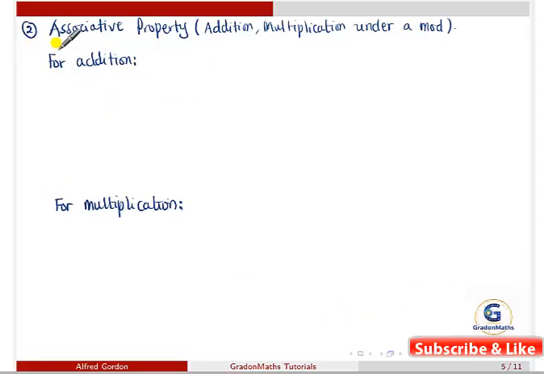Now, the other property we will be discussing here is the associative property. And for the associative property, we have the associative property for addition and for multiplication under a given modulo.